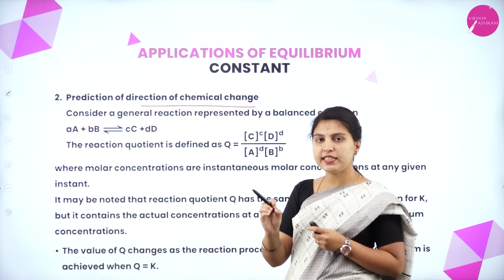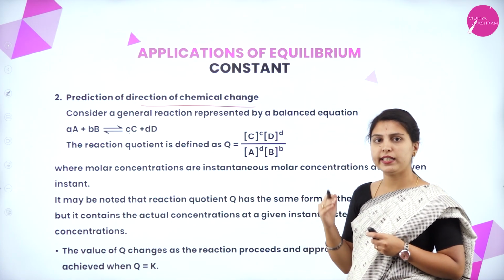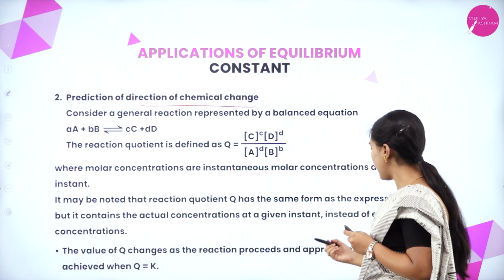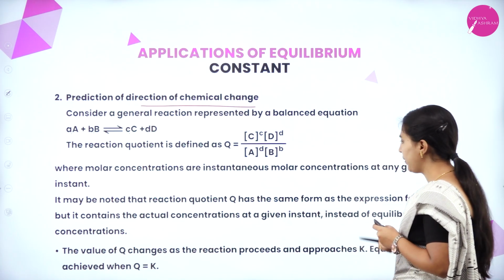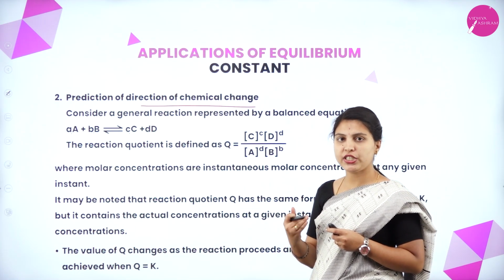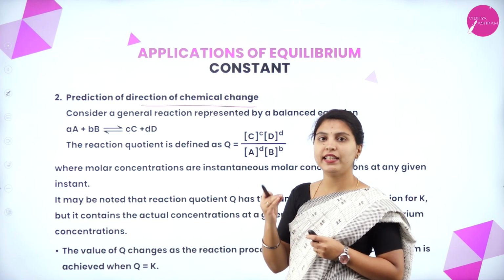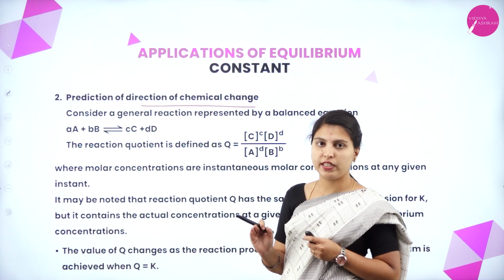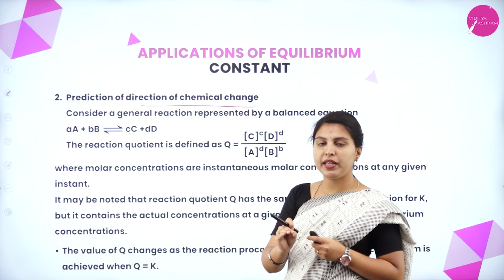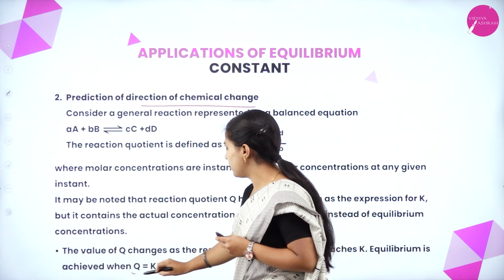At that given instant it is shown by Q, while the equilibrium concentrations are shown by K. The value of Q changes as the reaction proceeds and approaches K. Equilibrium is achieved when Q equals K. As the reaction keeps proceeding, Q keeps changing till it reaches K, the equilibrium constant. When equilibrium has been reached, Q and the equilibrium constant become the same.